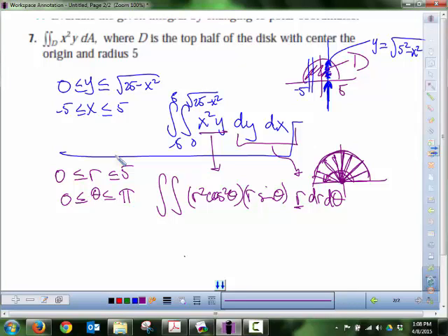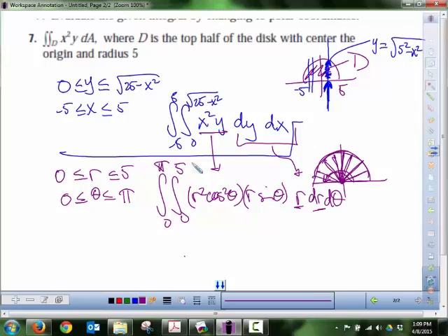So in those scenarios, you have to make sure you integrate with respect to r first. But in most cases, you can switch them around. Okay? So our r limits go from 0 to 5. Our theta limits go from 0 to pi. And so the integral is set up.